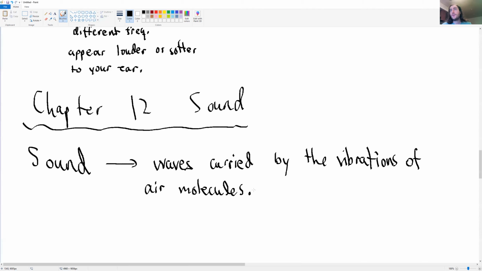If you're on the ship and you have air in the ship, then you would definitely hear an explosion on that ship. If some laser beam hits your ship and causes an explosion, if you're in the ship, you're going to hear that. But if you're on the ship that fired the laser beam, you're not going to hear any of that sound, because there's no air between you and the ship where the explosion occurred.